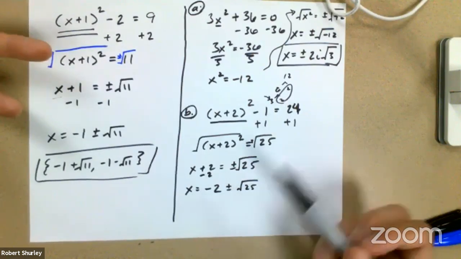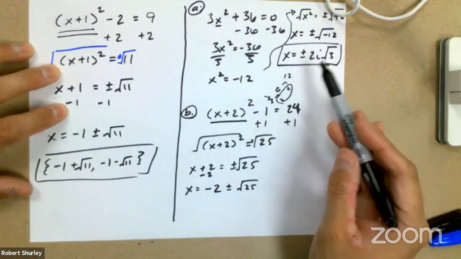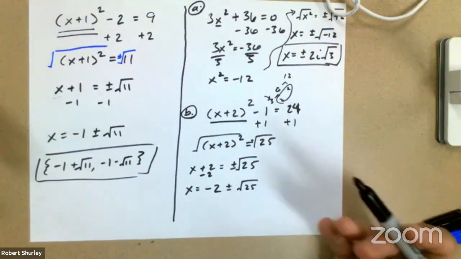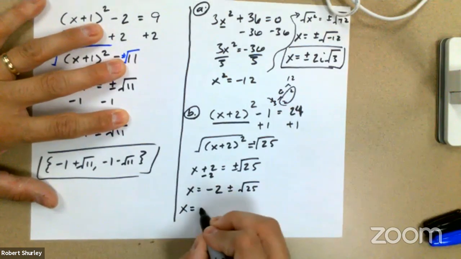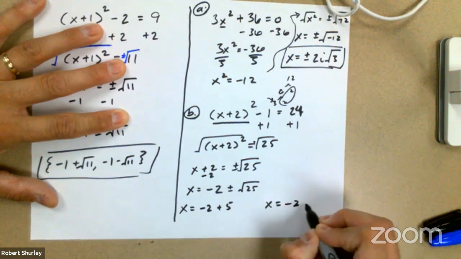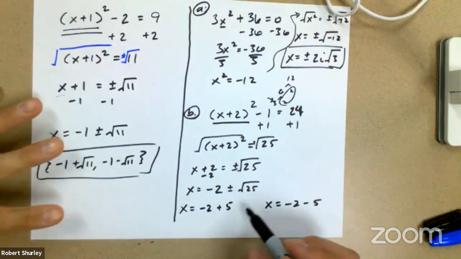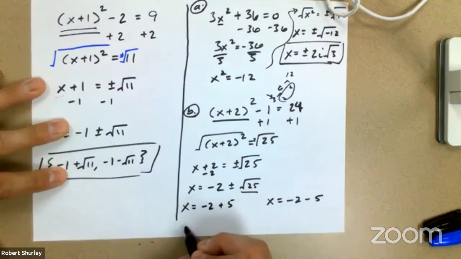Of the 3 examples we've done so far, the radicals had to stay because it didn't simplify out completely. So if it simplifies out completely, you've got to do the basic math, okay? So it winds up being x equals negative 2 plus 5 and x equals negative 2 minus 5. That's the plus or minus here, right? So if this thing has a nice square root, you've got to split it up and keep going.